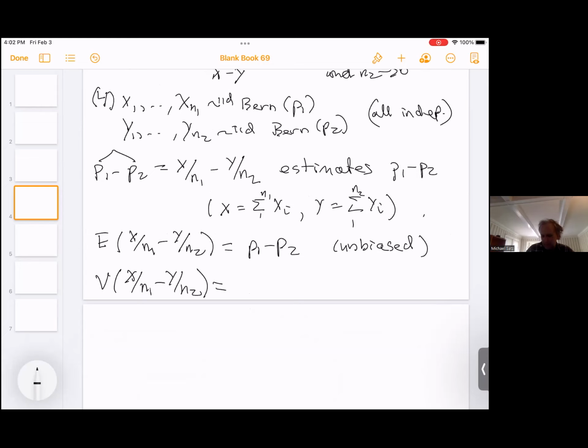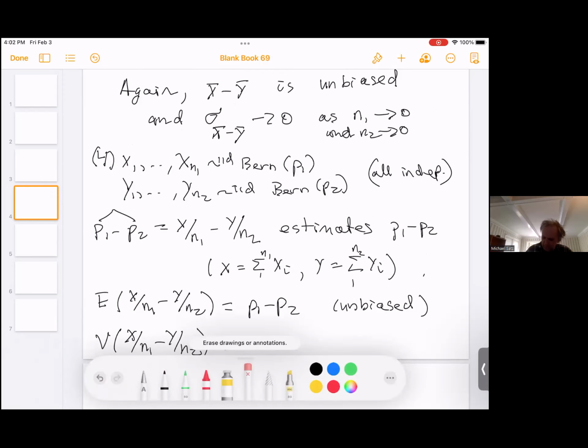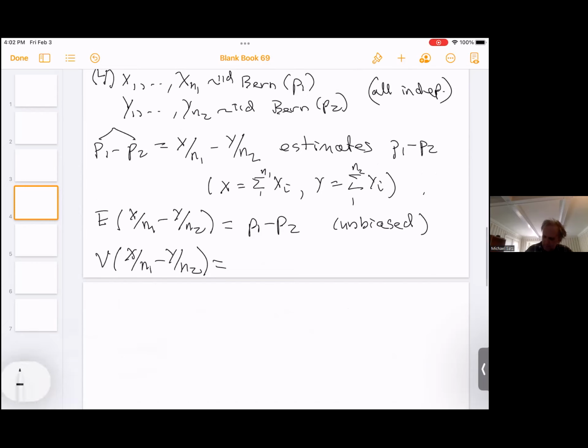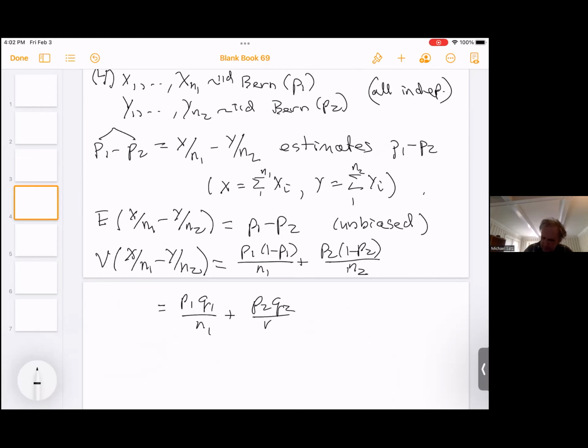The variance is equal to p1 times 1 minus p1 over n1 plus p2 times 1 minus p2 over n2, or I could use my q notation if I wanted: p1 q1 over n1 plus p2 q2 over n2.